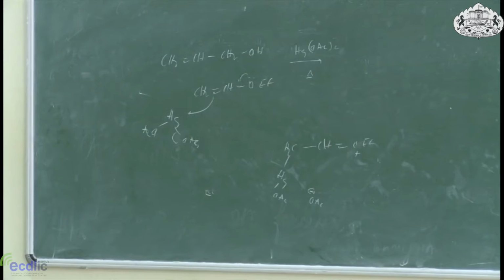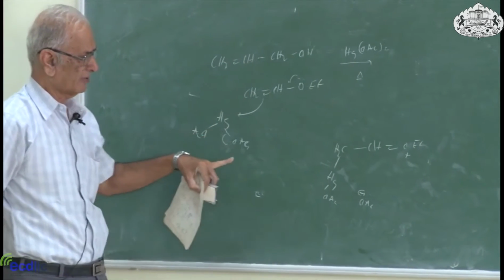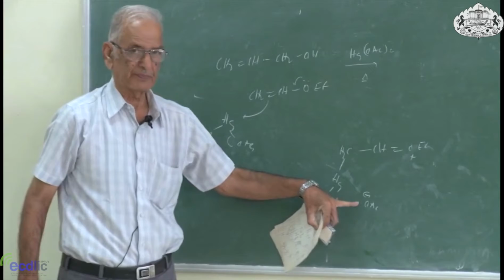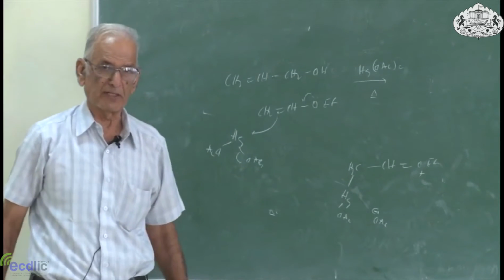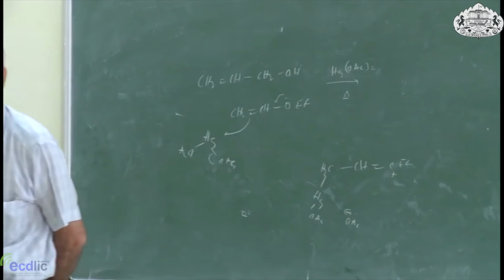Whenever you write mechanism, what is the caution? This is neutral, this is neutral. So, all intermediates should also be neutral. One positive also should be accompanied by one negative. Okay.